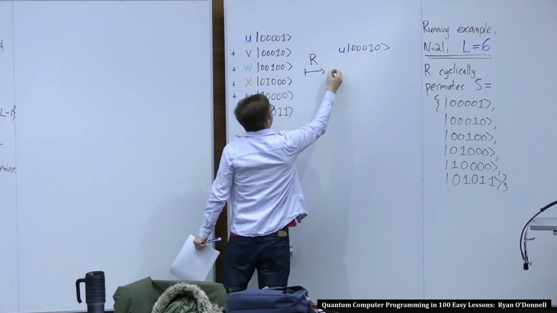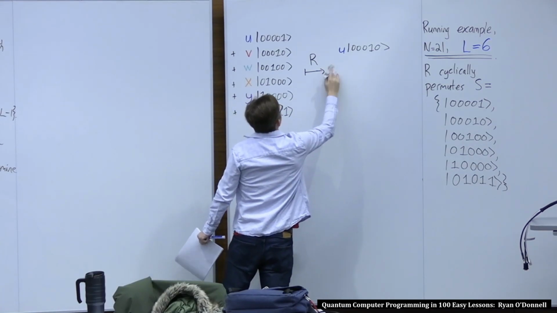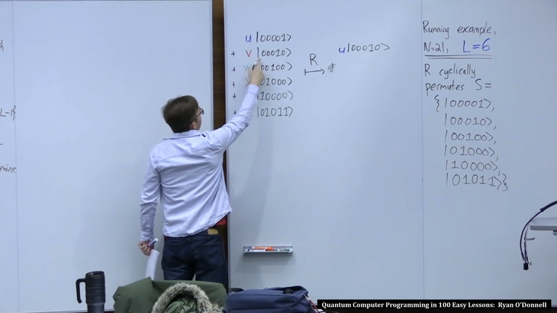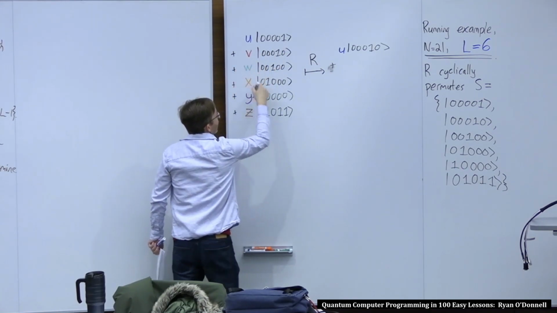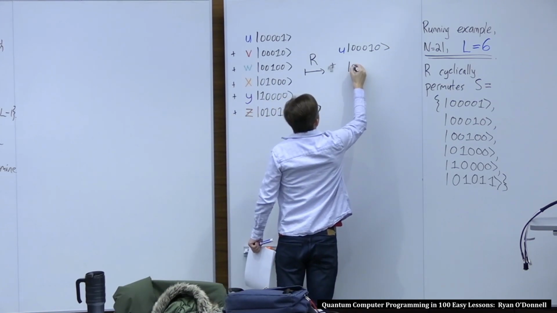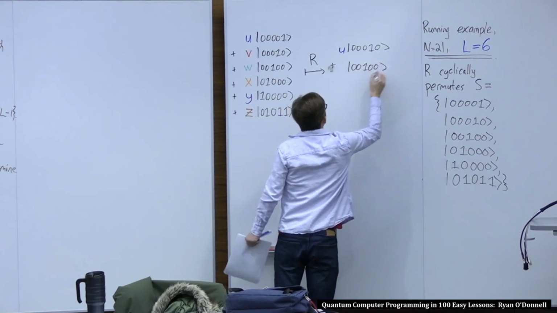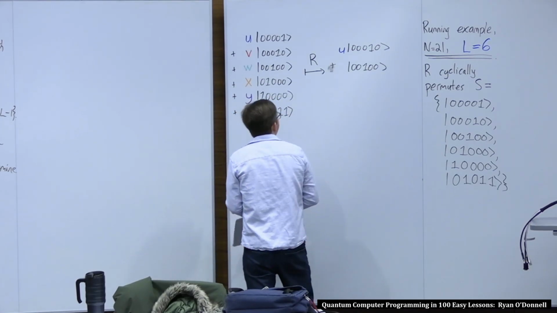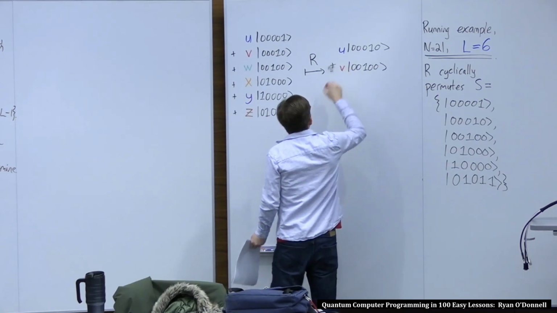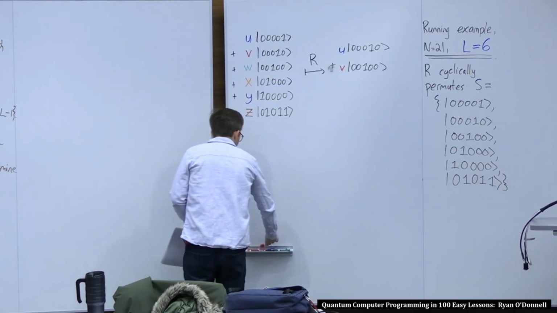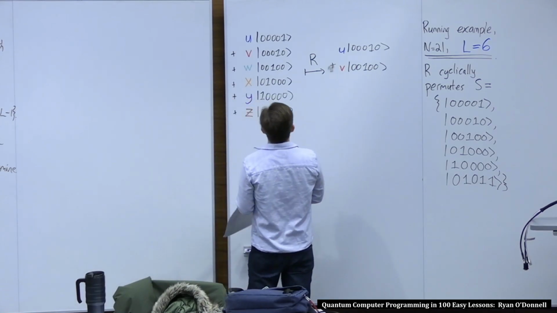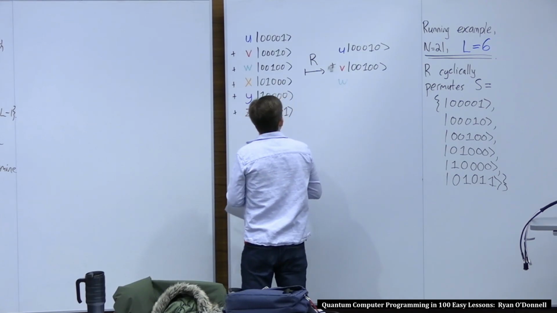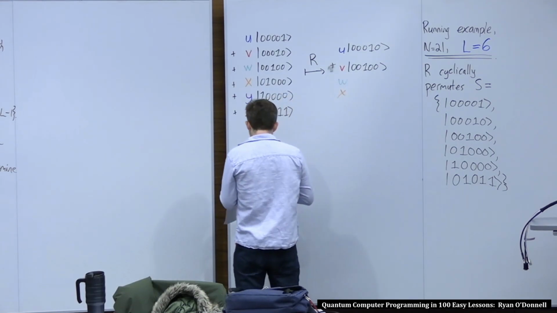OK. And yeah, let's see. R applied to this piece of the state is v times R applied to this. R applied to this is this one. So we get v times this, 0, 0, 1, 0, 0. And if you continue on this way, I think you'll agree that we'll get w. Let me just do all my colors here, and then I'll talk it through.